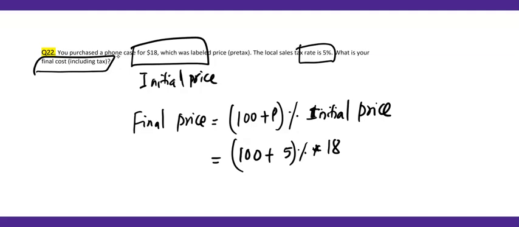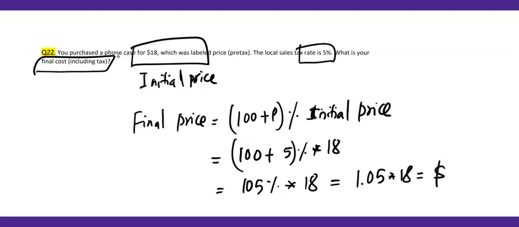You multiply this percentage by 18, which is 105% times 18. 105% is 1.05 times 18. This gives you $18.90. So after 5% tax on $18, the price is going to be $18.90.